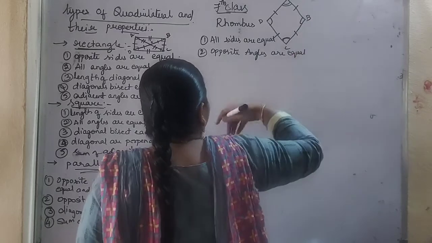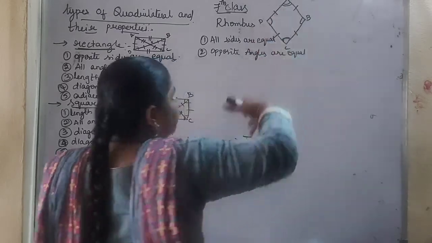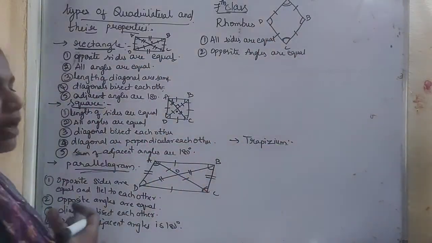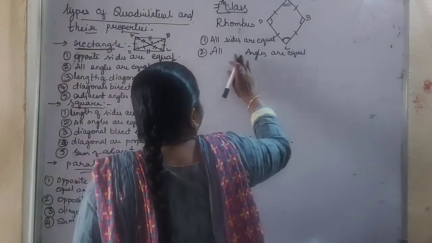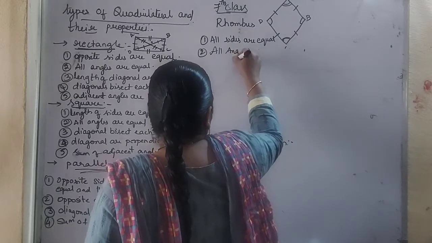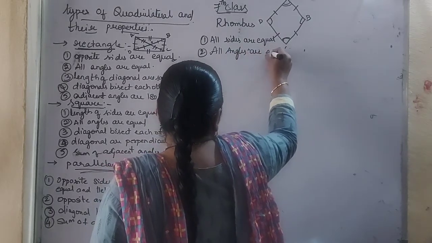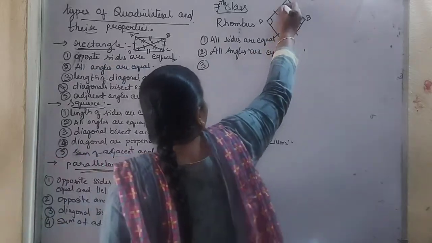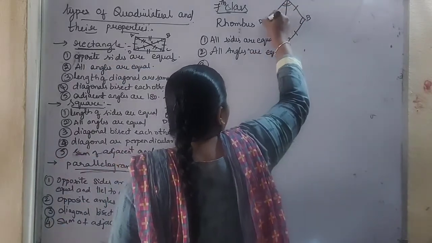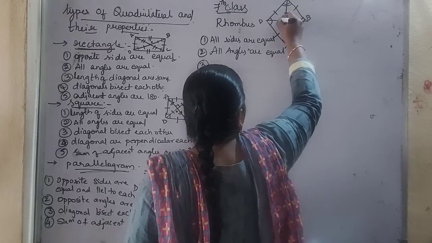Opposite angles are equal means all the angles will be equal, 90, 90, 90, 90. So we can write as all angles are equal. And the third property is diagonals bisect each other and they are perpendicular to each other.